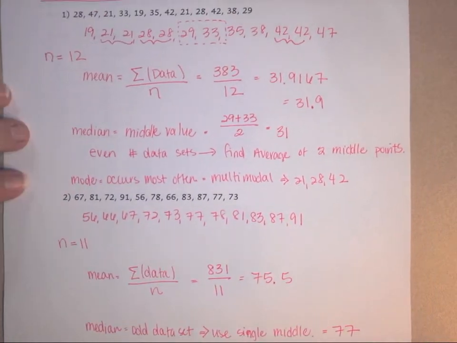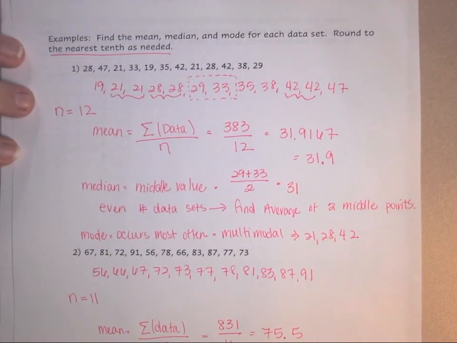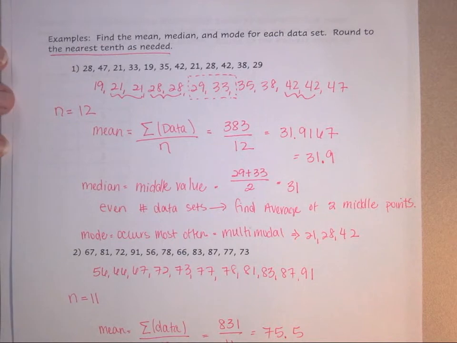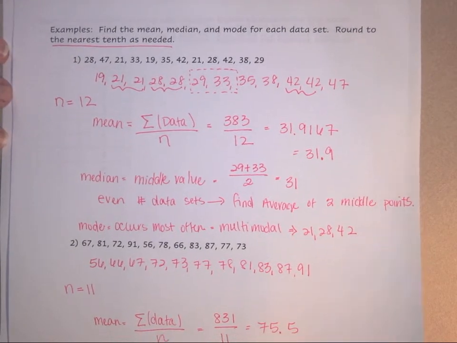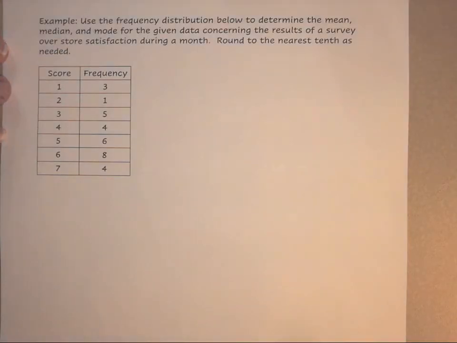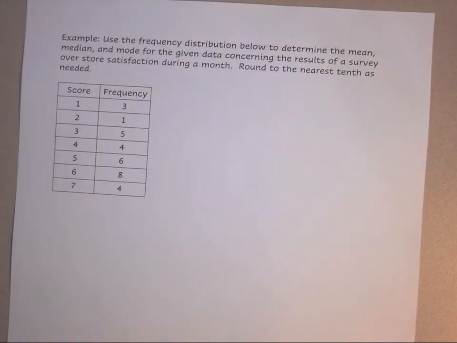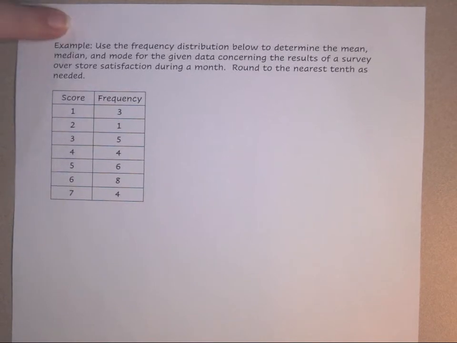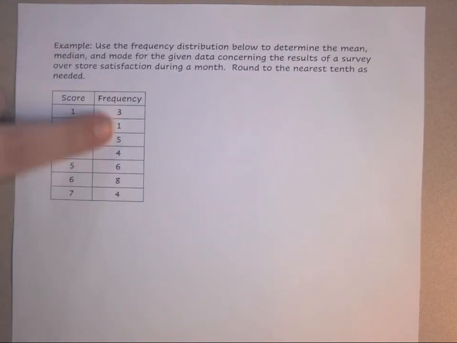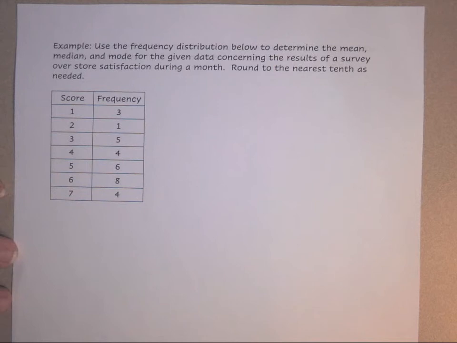Now, given a data set like these, it's just one example on how to find the mean, median, and mode for these problems. Another way that you could find it would be to use the relative frequency data. So what this is giving me here is scores and the number of times those scores occur.